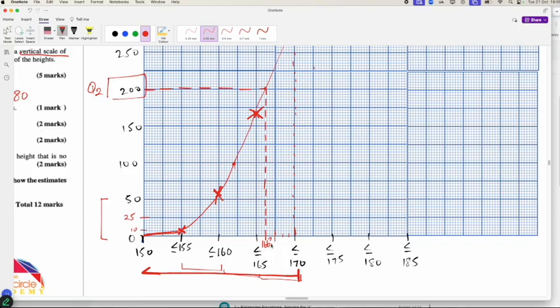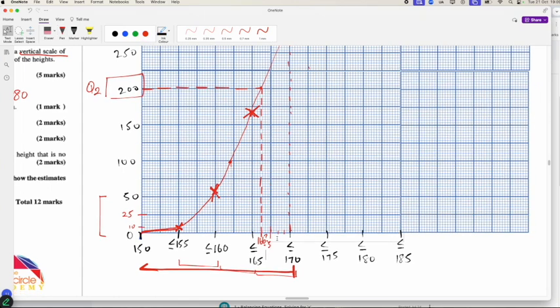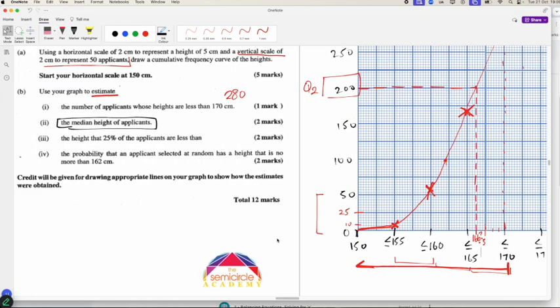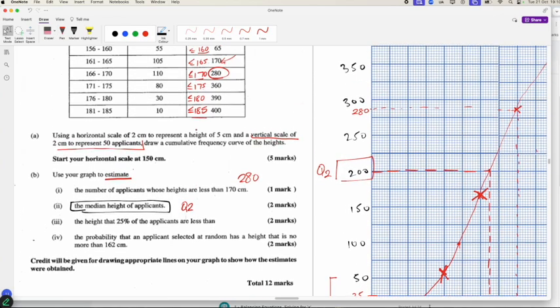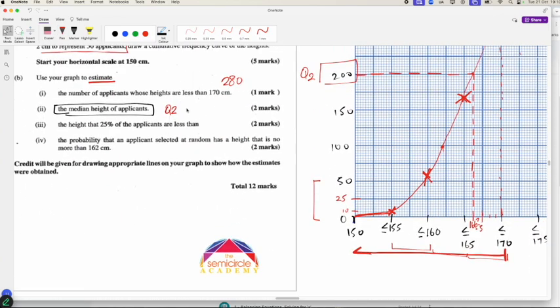But if you had 167 or 166.5, or whatever you got here, they would have given you 166, 167, 168. They would have given those answers correct. So based on my inaccurate graph, the median Q2, the median height, is about 166.5. Right, almost 167, but my graph is a little inaccurate. If you had 167, that is fine.